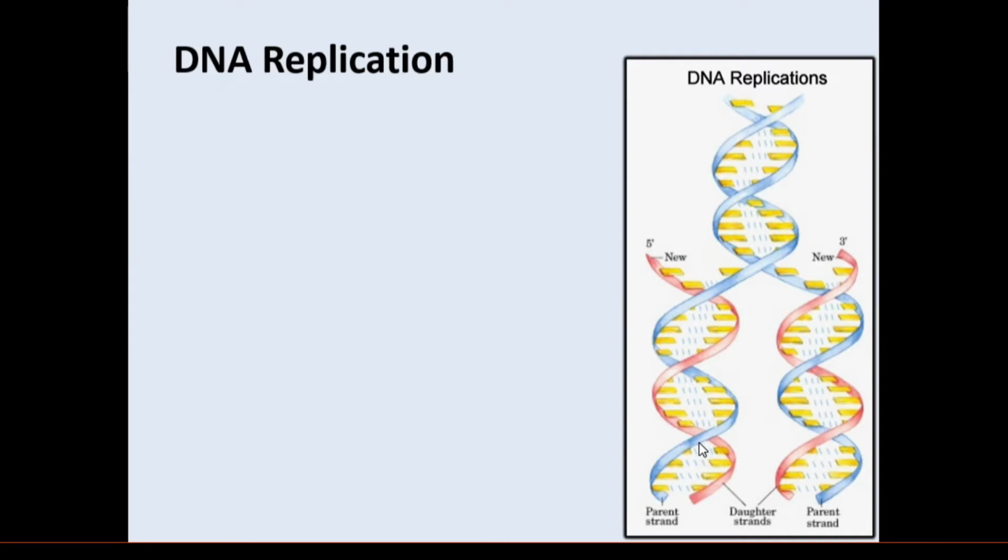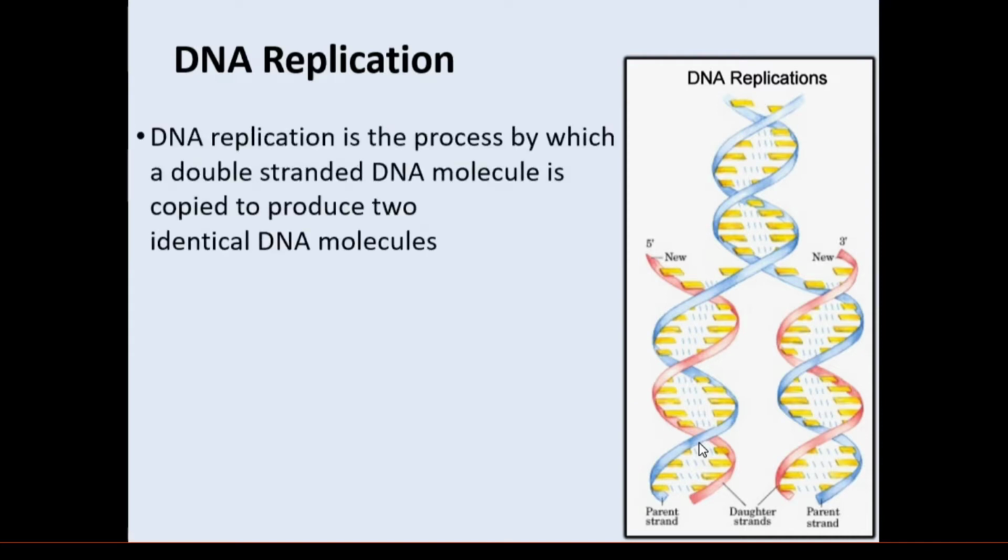Now, what is replication? DNA replication is the process by which a double-stranded DNA molecule is copied to produce two identical DNA molecules. In this picture, you see that the parental DNA is copied into two daughter DNA molecules.